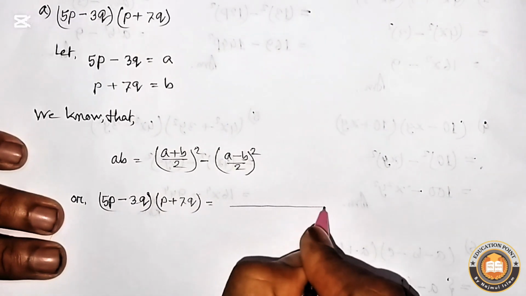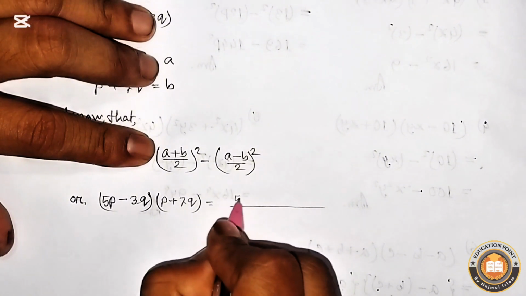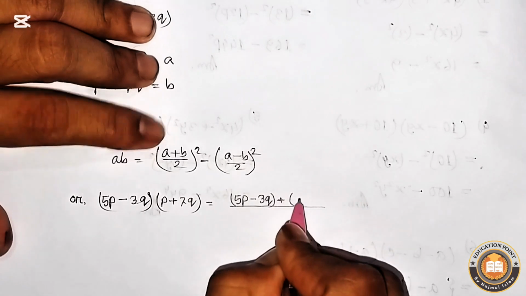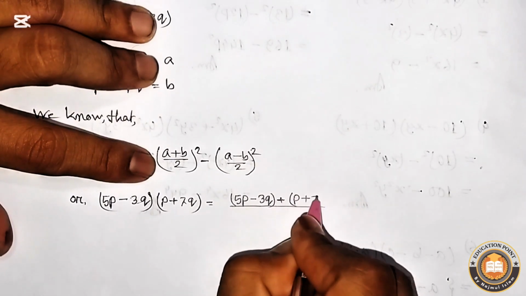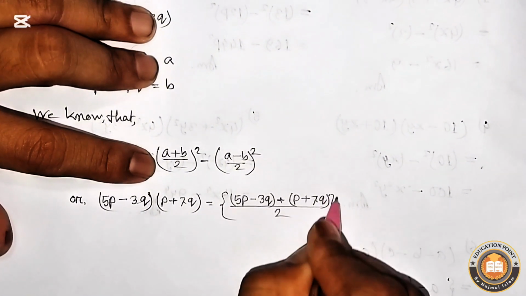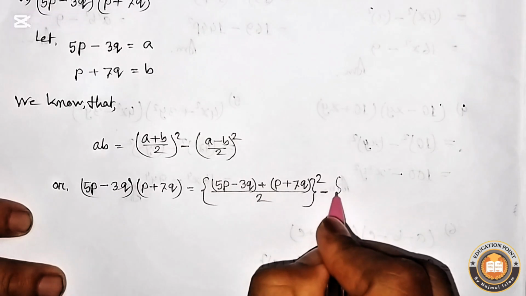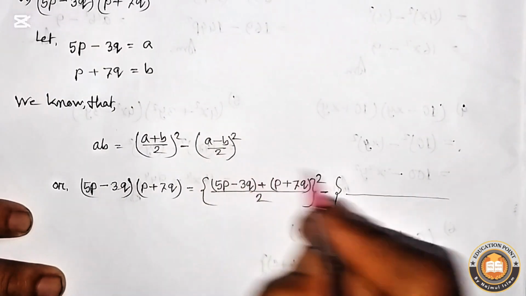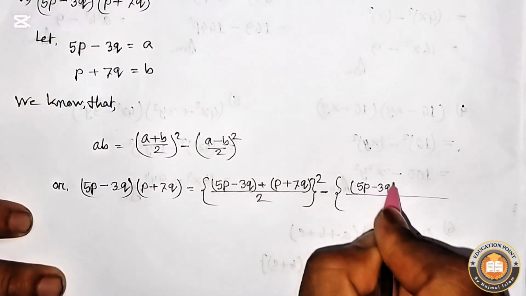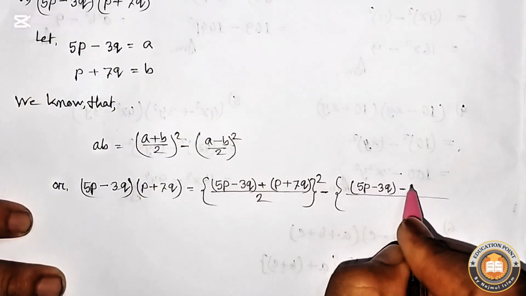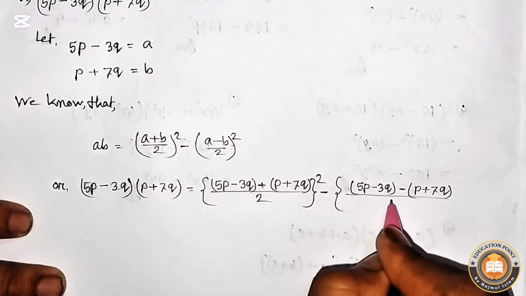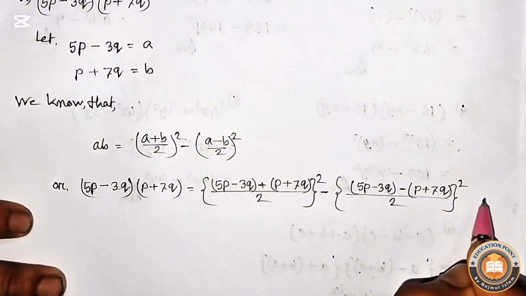So ab equal (value of a, 5p minus 3q, plus value of b, p plus 7q, by 2) whole square minus (value of a, 5p minus 3q, minus value of b, p plus 7q, by 2) whole square.